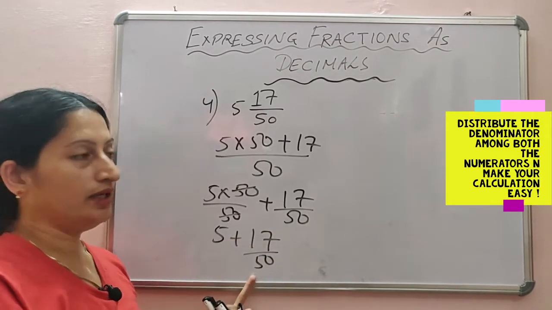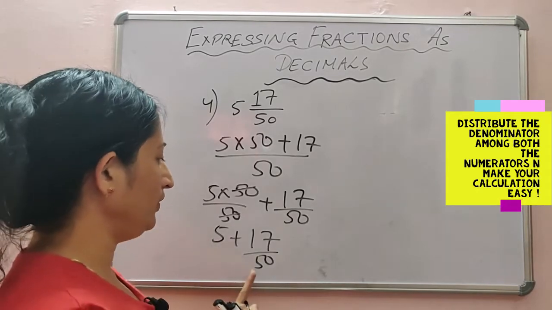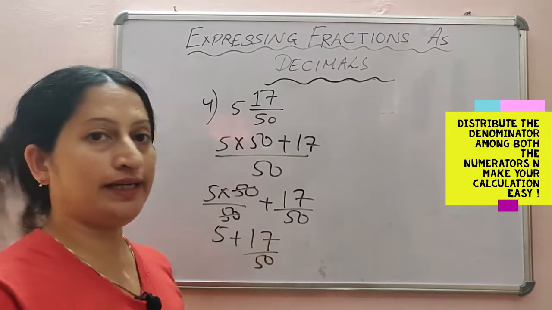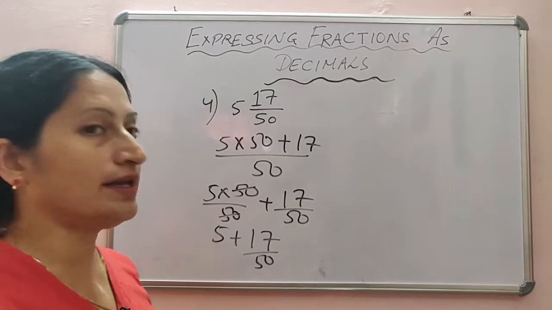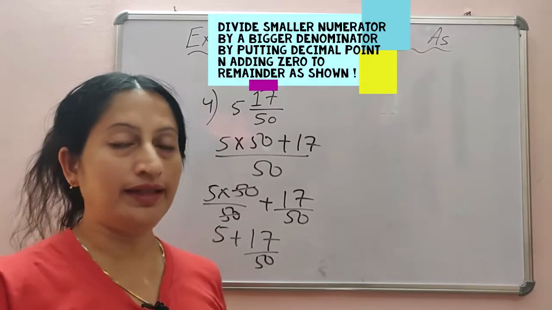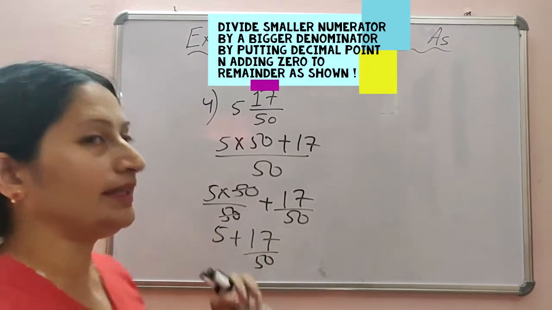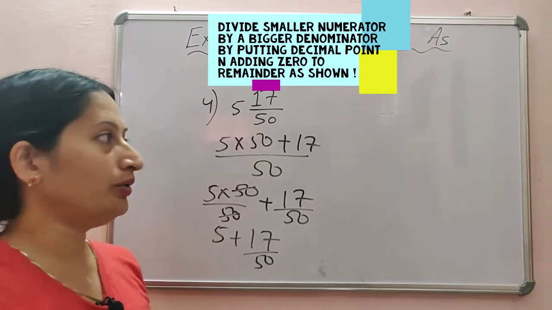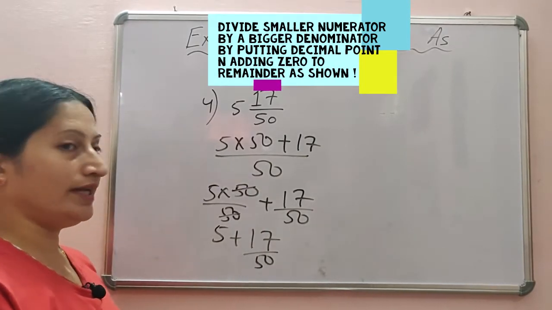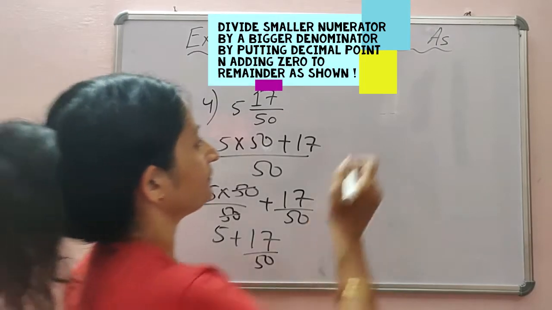Okay students, so what we will do is divide 17 by 50, and 50 is a bigger number. Mind it that the denominator is bigger than the numerator. So how to do this division? Let's go over to this division.